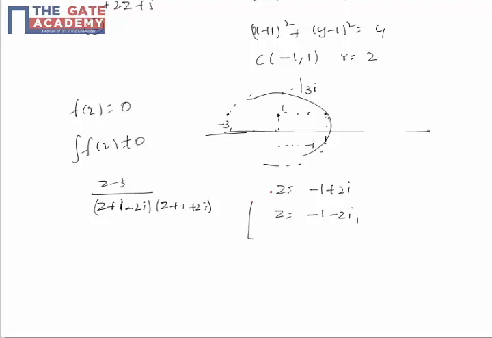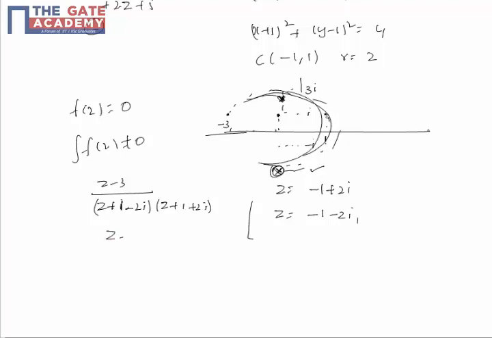The point minus 1 plus 2i is well inside the circle, whereas the point minus 1 minus 2i is outside the circle. Because this value is outside the circle, it does not vary the integration from 0. Because the other falls inside the circle, the value is going to be not equal to 0.